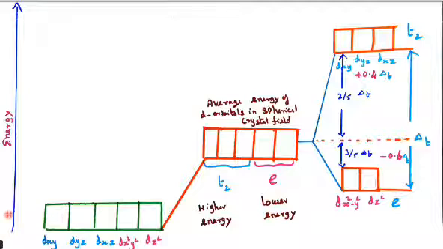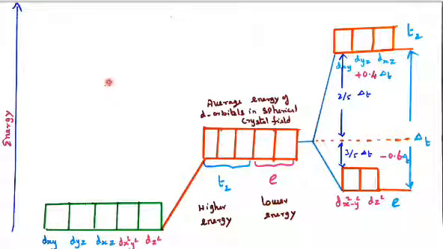The energy increases from bottom to top, and this is the ground state energy level of the vacant metal orbitals. dxy, dyz, dxz are called non-axial orbitals, and dx square minus y square and dz square are axial orbitals, having a degeneracy, meaning the same energy level.